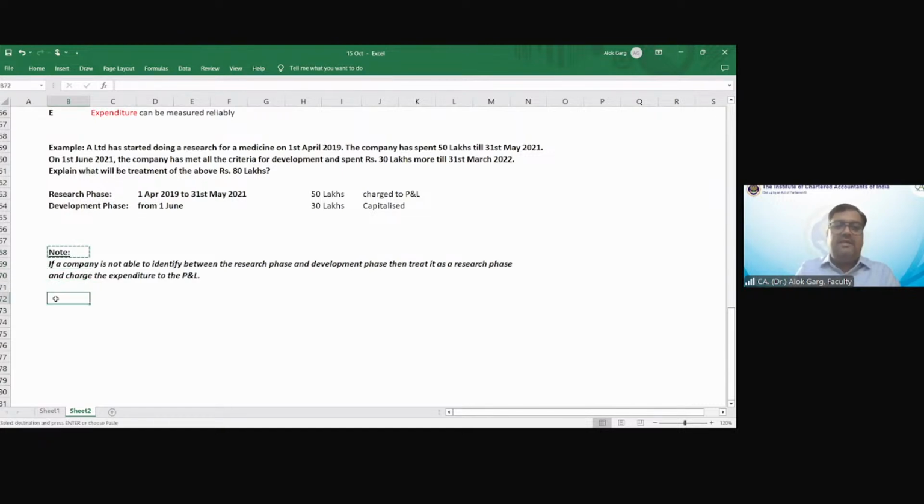Note the second aspect. See, this research and development is very subjective. This research is going on for ages. A company was developing a formula for a particular disease for the last 6-7 years. When the company reached the current year, it found that the development phase had already started last year.